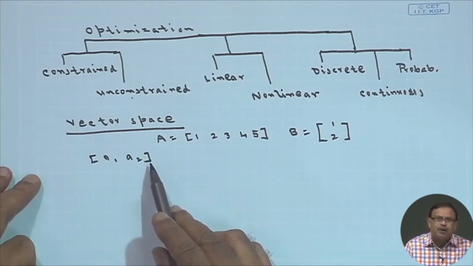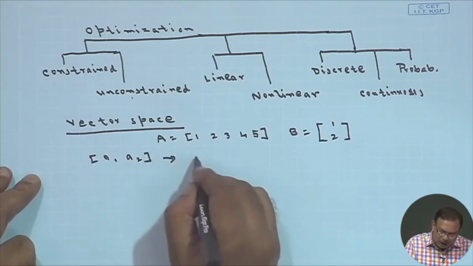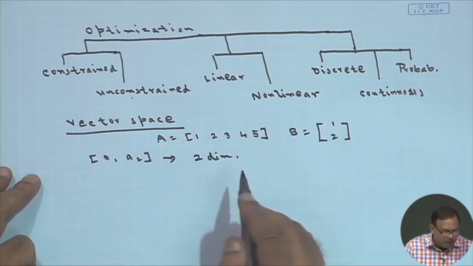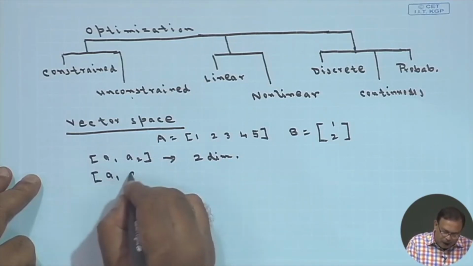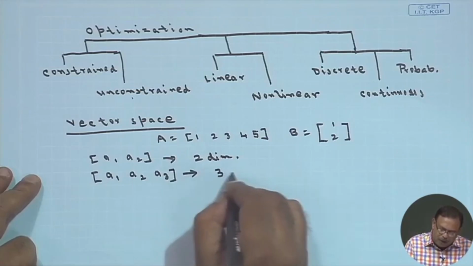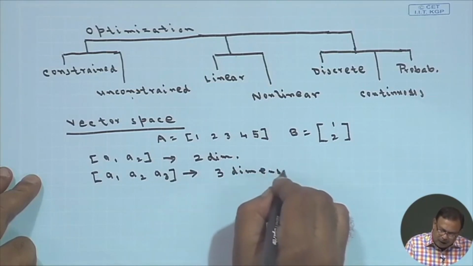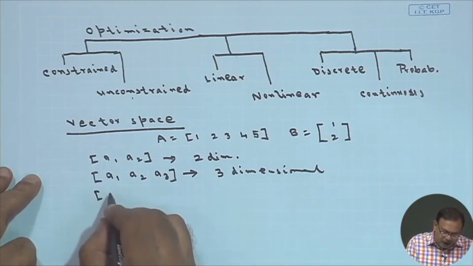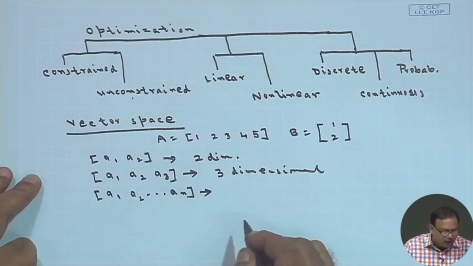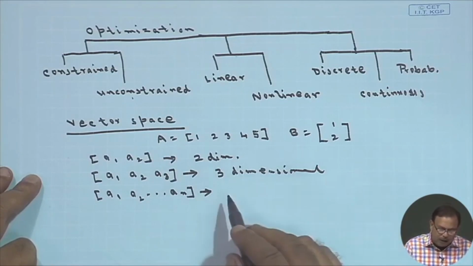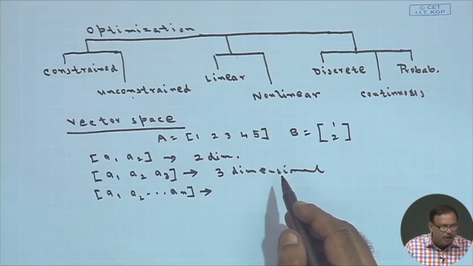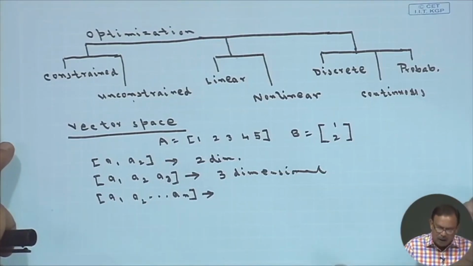This represents a point in two dimensional space. Please note this one. Similarly, if I take a vector like A1, A2, A3, this will represent a point in three dimensional space. And if I take a vector of n elements A1, A2, An, then it will be one point in n dimensional space. And you have to remember that the row vector and the column vector are both equivalent.